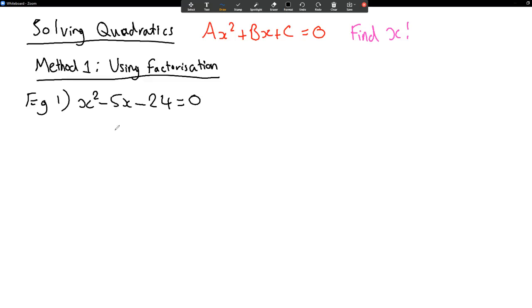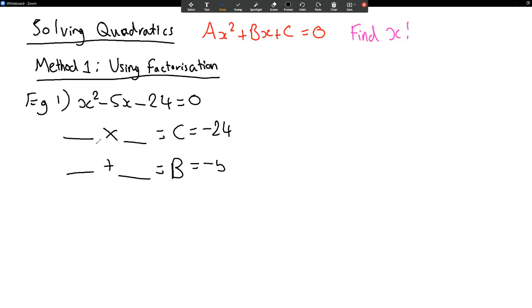Alright, so let's see what we need. We need two numbers to multiply to give c, which is in this case minus 24. Got to remember that if there's a minus you have to put it in. And then we also need the same two numbers to add together to give b, or minus 5.